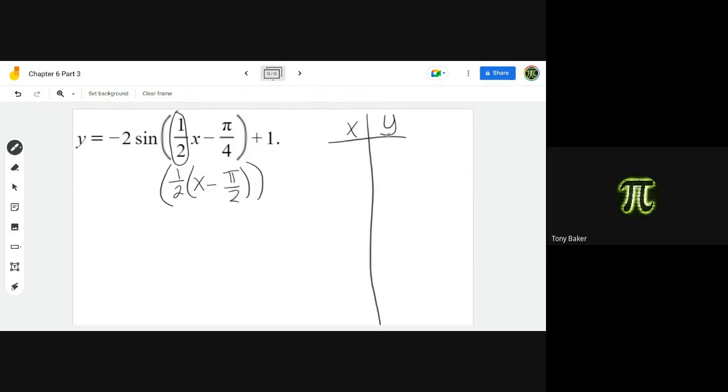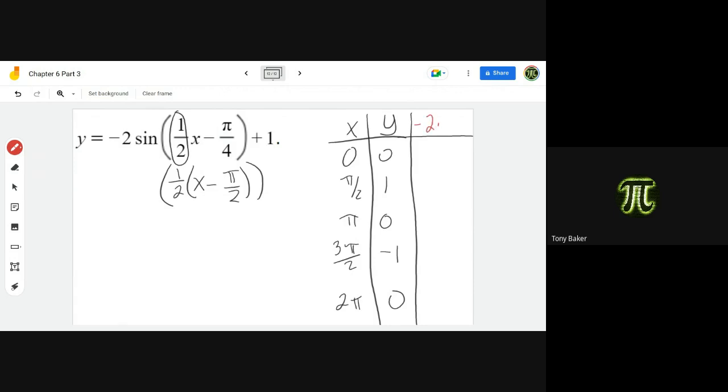So again, same concept. Let's come up with my parent function. Now we switch back. It's sine. I know we've been doing cosine a ton, so don't accidentally write the cosine one. So we can do the y one real quick and easy.